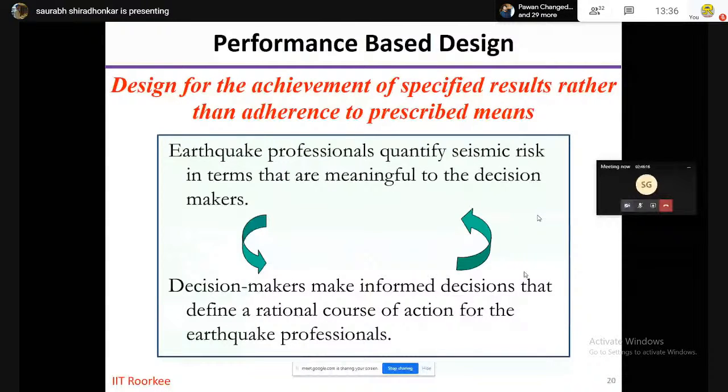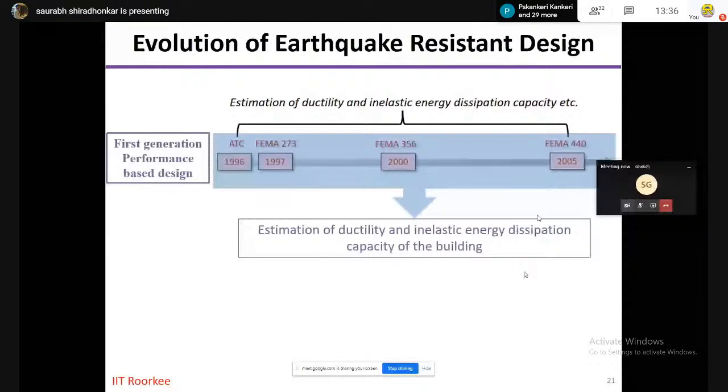So, as I said, to understand the collapse of a building and the possible performance of the building, there is an evolution of earthquake resistant design, and that is what we call first generation performance based design. It started in 1996 with a report ATC 40, of the Applied Technology Council of the United States, and then they introduced the concept of performance levels.